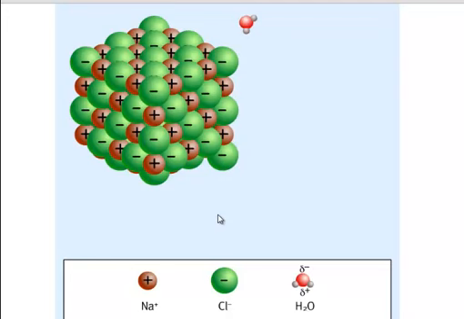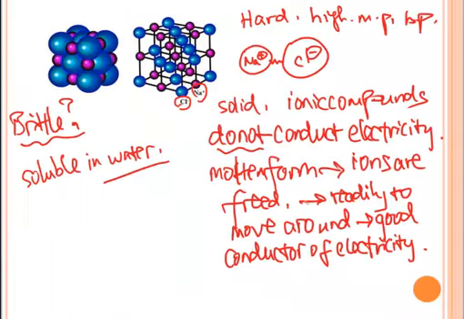Now they are free to move around, and they can carry electricity. So hence it's readily soluble. A lot of salts are readily soluble in water, and as soon as they dissolve in water to make an aqueous solution, they conduct electricity.